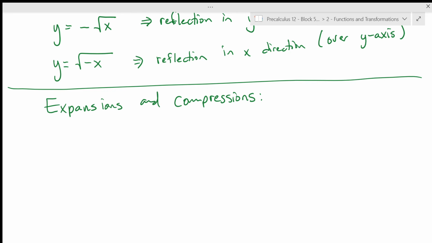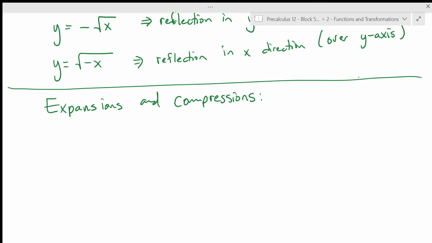So this is the only transformation that we do, and technically, it's not even what you would call strictly a transformation, because you're actually taking the graph and changing it. You're stretching it or you're squishing it, depending on what number. And this is all done by multiplying by some constant.